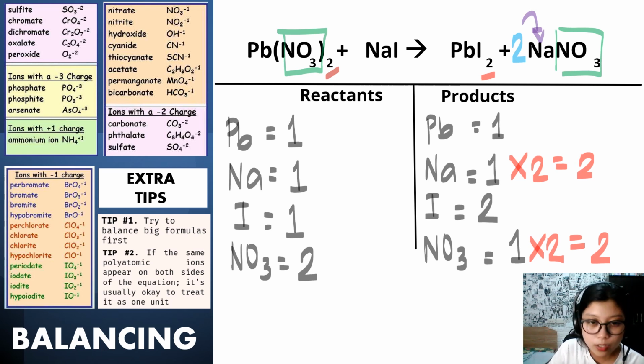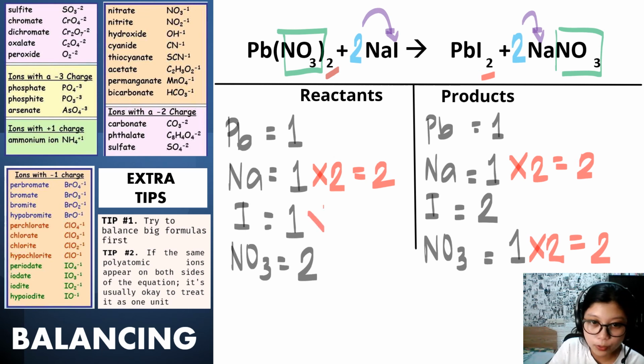We are going to do some adjustments again in the reactant side. So we will multiply Na by 2 in order to get the same number of atoms. Since we multiplied it by 2, we're going to place the coefficient 2 right before NaI. Then again, NaI is a compound. That's why iodine is affected.